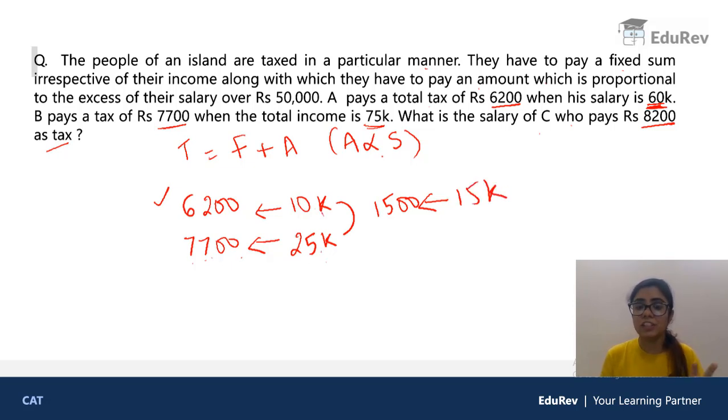All of this is my extra money. Understand? All of this is my extra money. So can I say, if my salary is 15,000, I have to pay 1,500 extra. This is just the excess money. Here we are not talking about the total tax. See, 6,200 is your fixed tax plus the extra which you are supposed to pay.